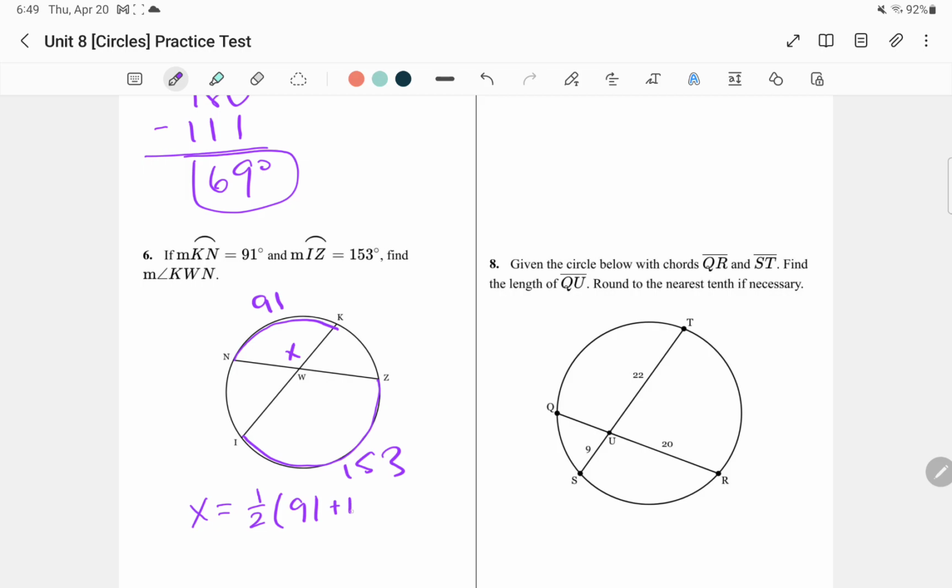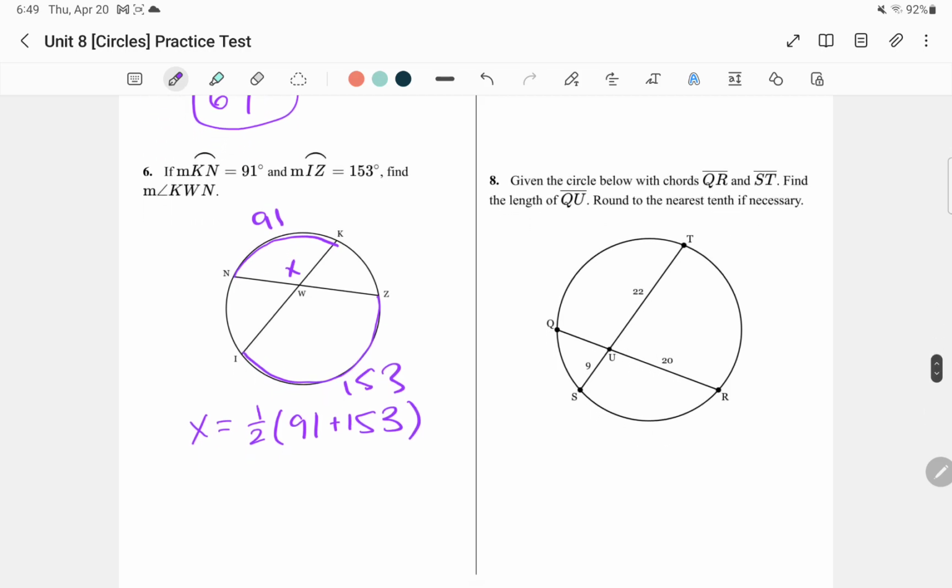So 91 plus 153. And let's scroll down a little bit. So I'm going to take 1/2 of, let's just use a calculator, it's fine. 91 plus 153 gives us 244. And then half of 244 is 122. So that is our answer right here.